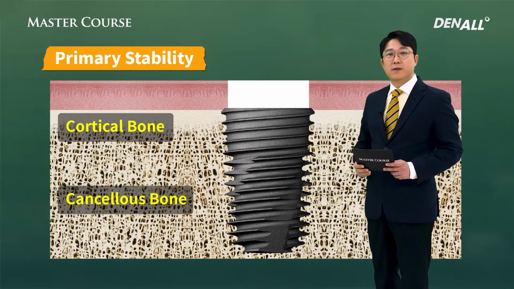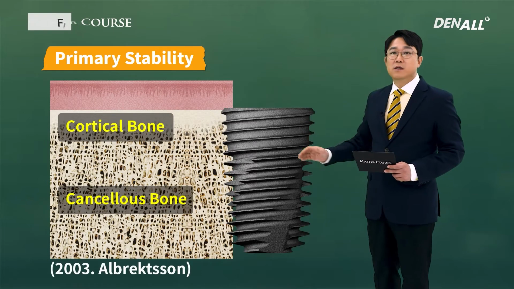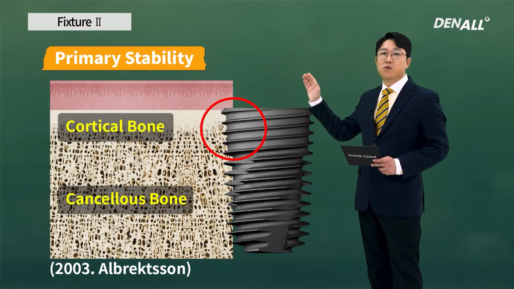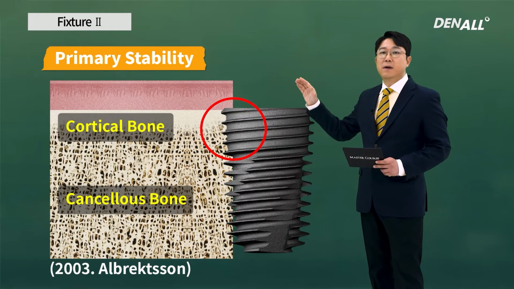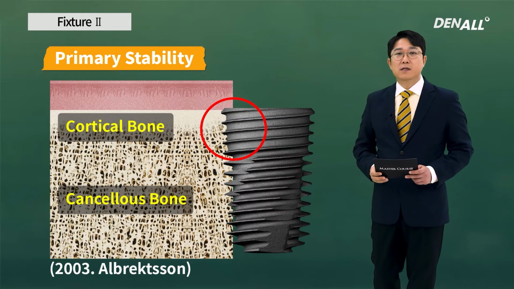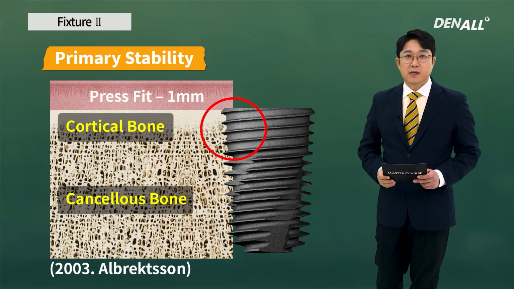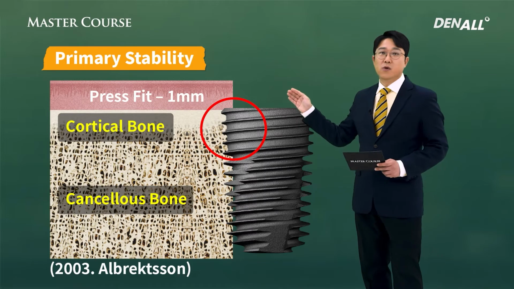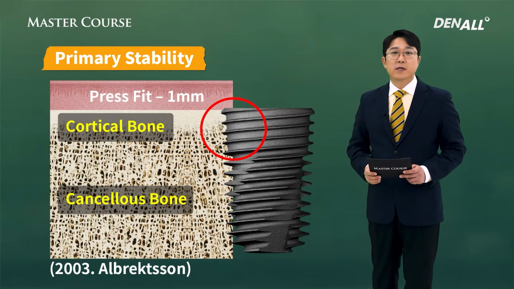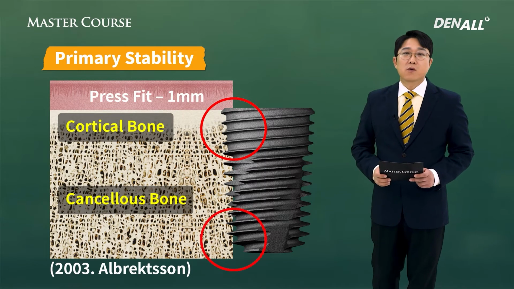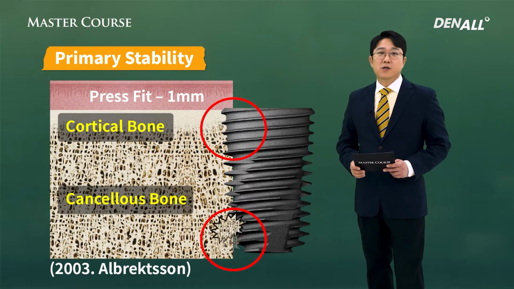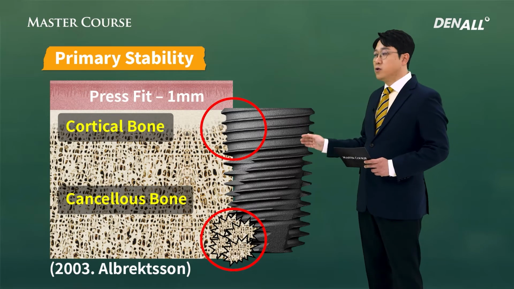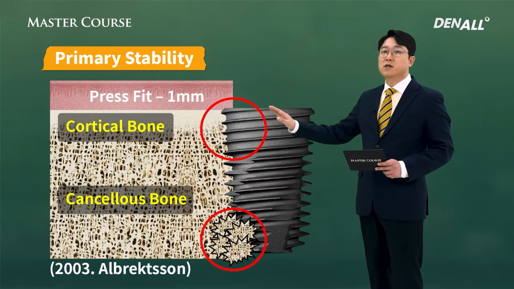In the cortical bone, the blood vessels are destroyed and stress happens. Albrektsson called it press fit. The width of the press fit is about 1 millimeter. In the cancellous bone, the reduced or pushed bone chips gather around an implant, contributing to the primary stability.